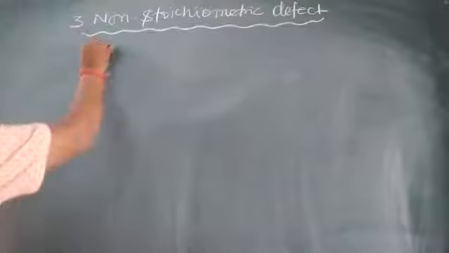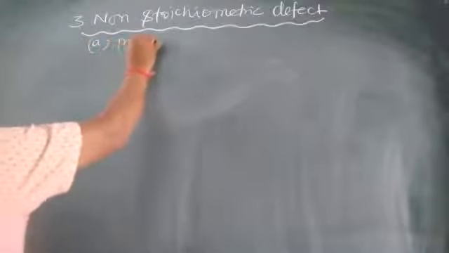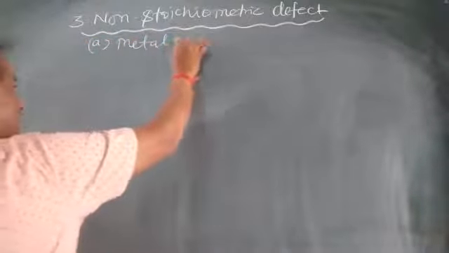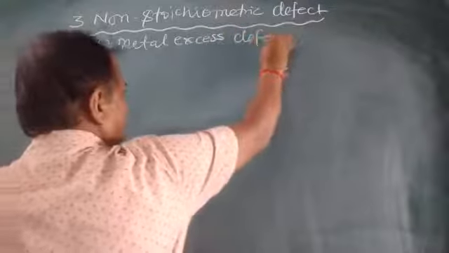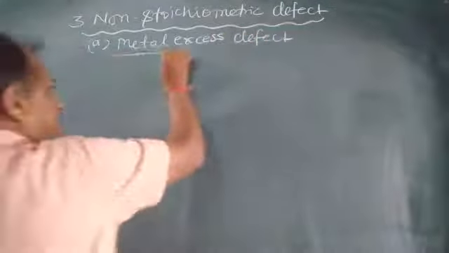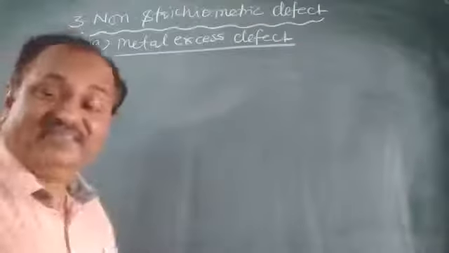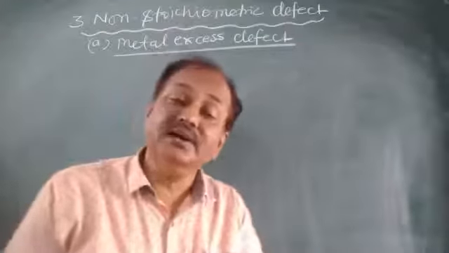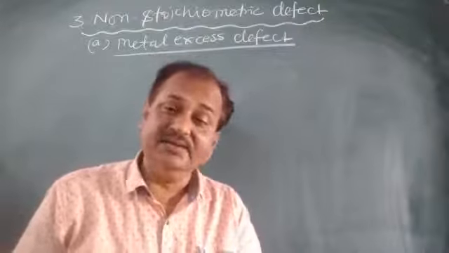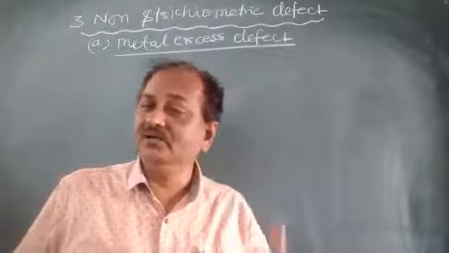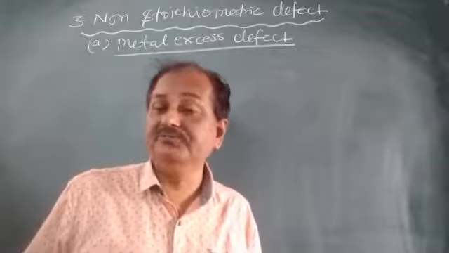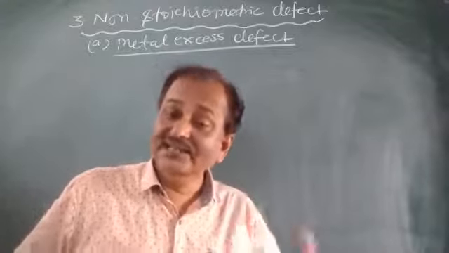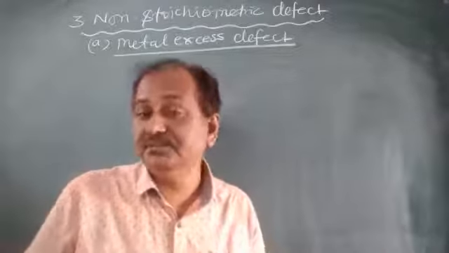Here the first is metal excess defect. This is a very important point. Metal excess defect, children. So when the amount of metal, the percentage of metal, the quantity of metal is more, it results in different properties.